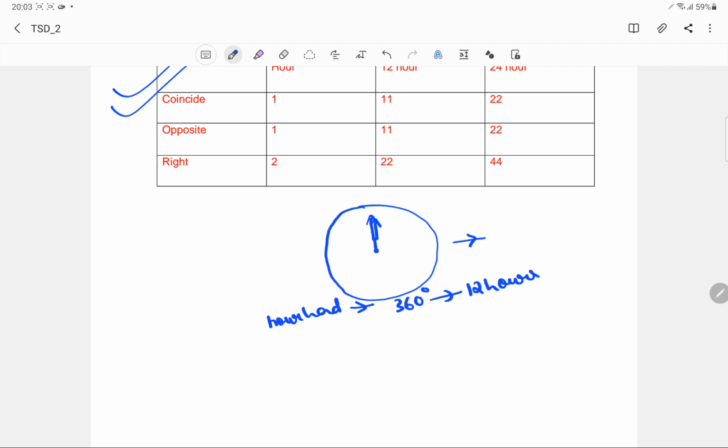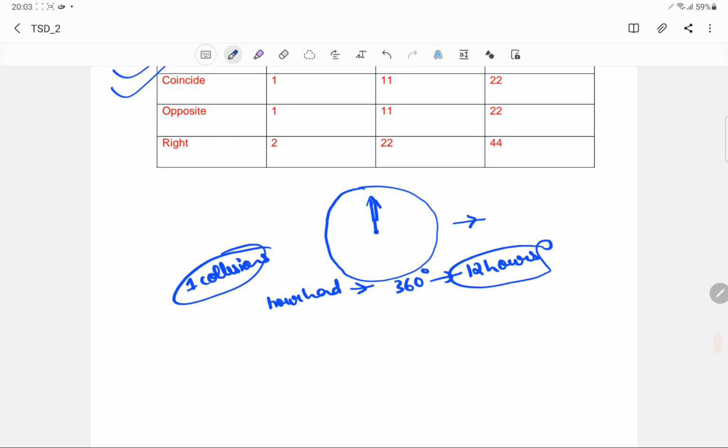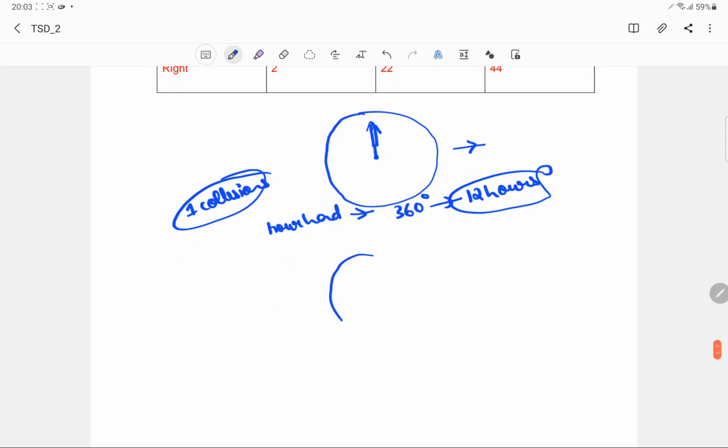Okay, so let's try and see when does the first collision happen. Okay, when does the first collision happen? So now when the first collision happens, the condition is something like this.